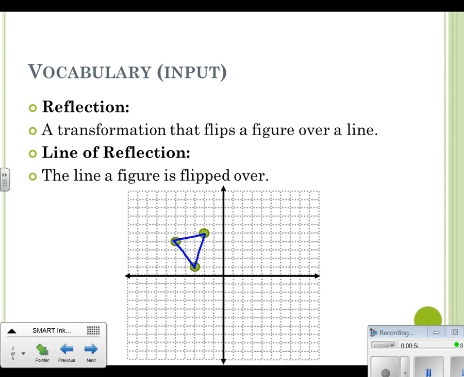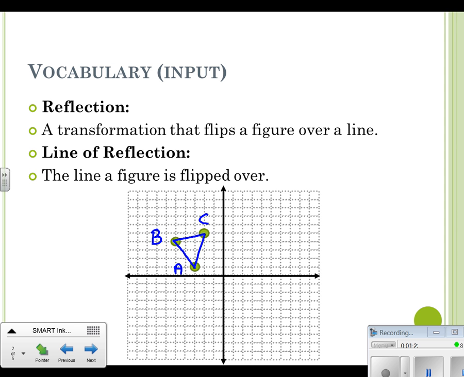So first we have, let's say, point A, and A is at -3, 1. Point B is at -5, 4. And point C is at -2, 5.